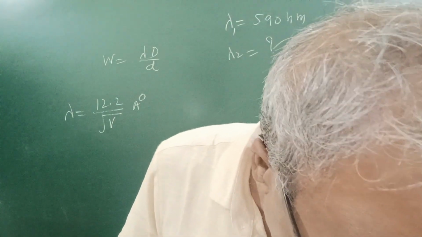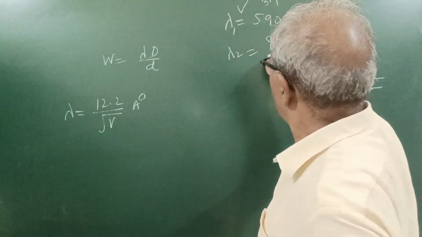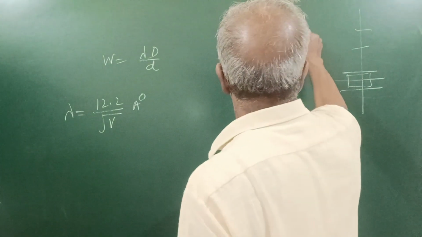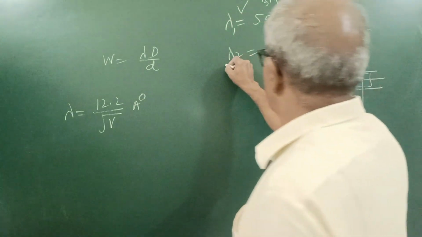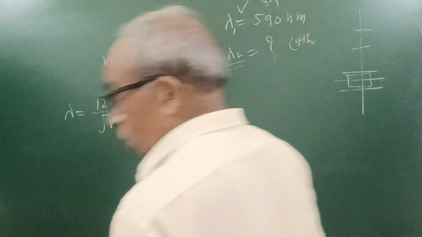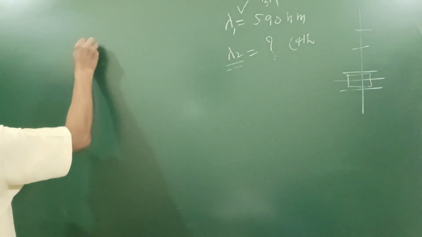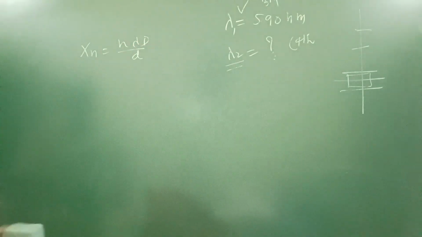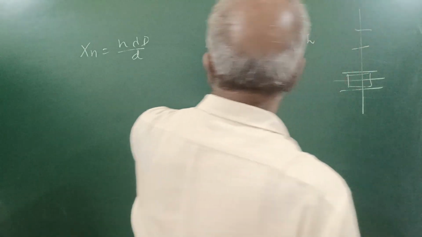Further it is observed that the third bright fringe of known wavelength coincides with the fourth bright fringe. So naturally, because the position of a bright fringe on the screen is x_n equal to n lambda D upon d. Third fringe of this and fourth of this coincide.